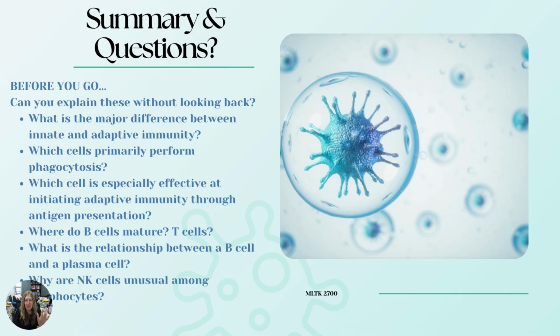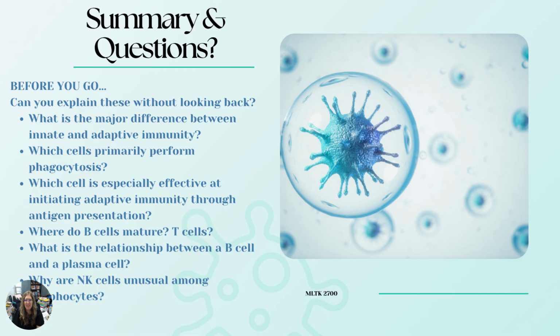So again, this lecture wasn't about memorizing every single immune pathway, but we did build the framework. We have an innate system which recognizes danger quickly, right? Then we have the adaptive system, which is capable of antigen specific responses and memory.